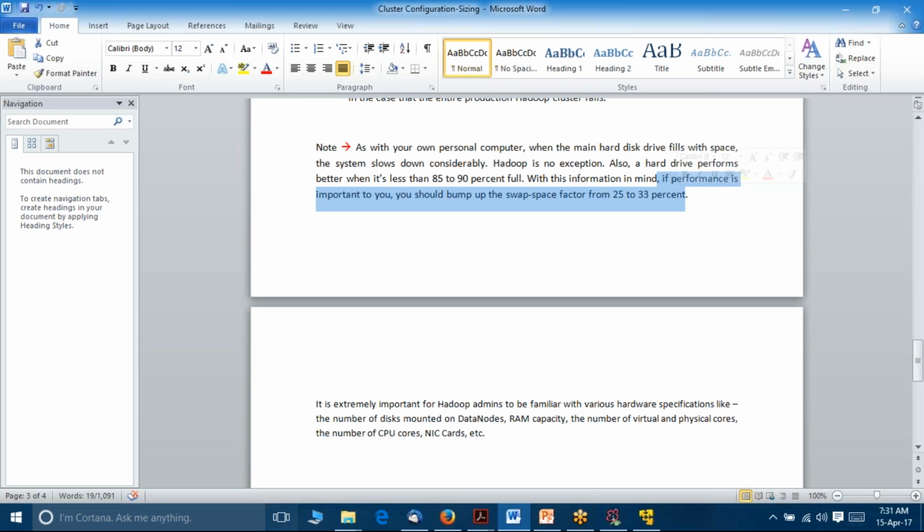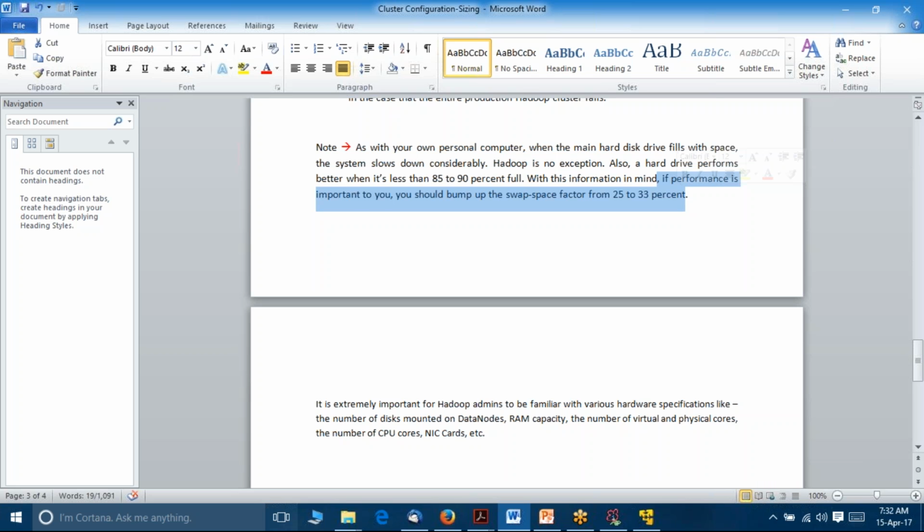Even 1-2% at a huge scale makes a lot of difference. Maybe when it is small, say 1 TB, and 1 or 2 GB goes to waste, we don't care. But when you go to higher volumes, 1 or 2% also matters more. We need to be very careful about that.